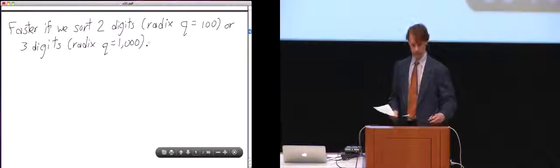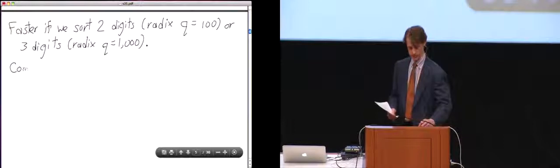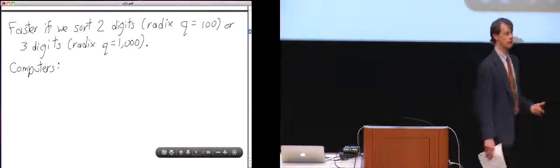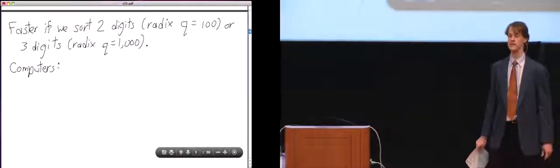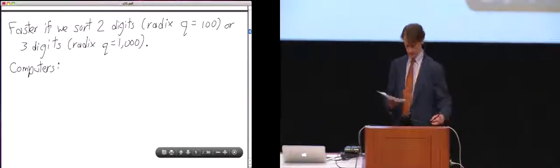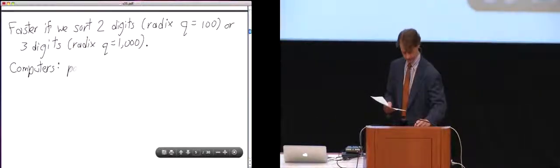And for that matter, we don't have to restrict ourselves to powers of 10 because computers don't really like powers of 10 anyway. Computers are faster and act much more naturally with bits. So they really like powers of 2. They like things like base 256 numbers.